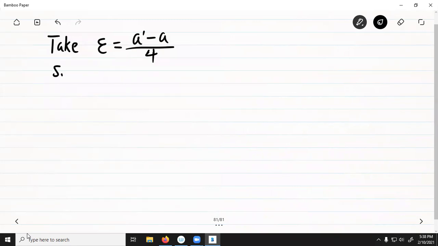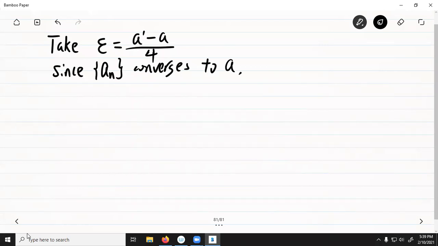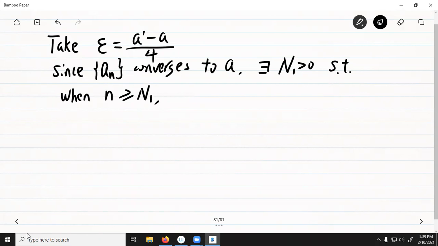So since we know this a sub n converges to A, by the definition, there exists a capital N, we use capital N sub 1, which is greater than 0, such that when n is greater than or equal to capital N sub 1, the distance between a sub n and A is less than epsilon.